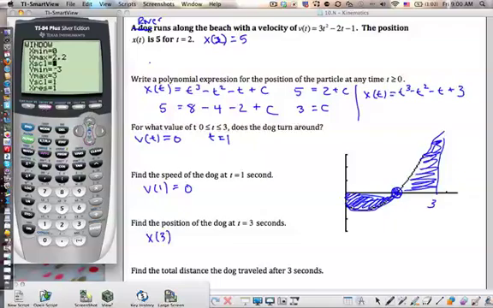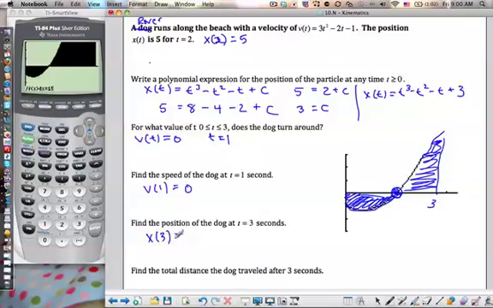I need to have the actual number there. So let's go to 3.1. We'll see if it works now. 0 to 3. Good, 15. So x of 3 is 15 meters away from his starting point.